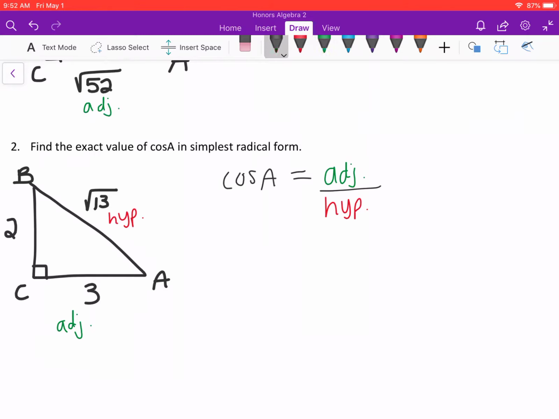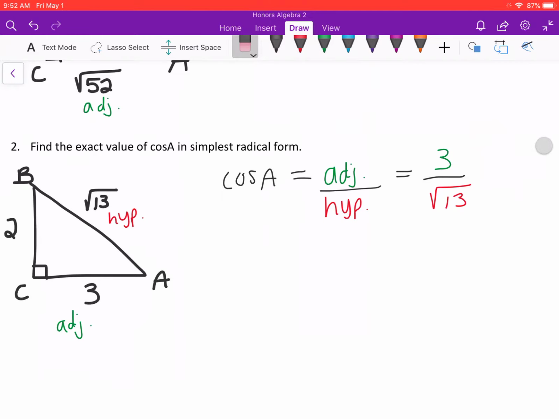So if I'm solving for the cosine of A, I have adjacent is 3, and the hypotenuse is square root of 13. Now I can't leave a square root in my denominator, so I have to do that thing we call rationalizing the denominator, which means I'm going to multiply by the square root of 13 over the square root of 13.